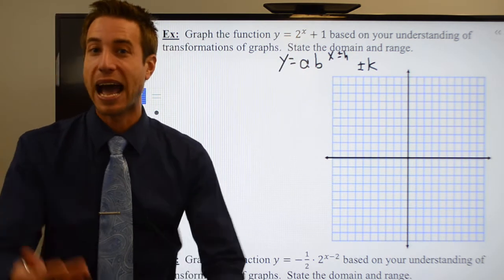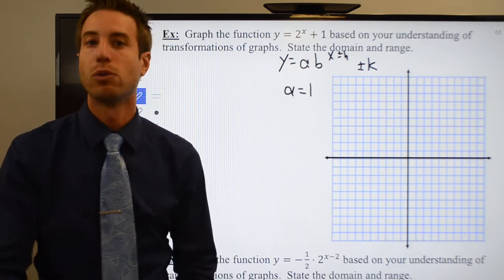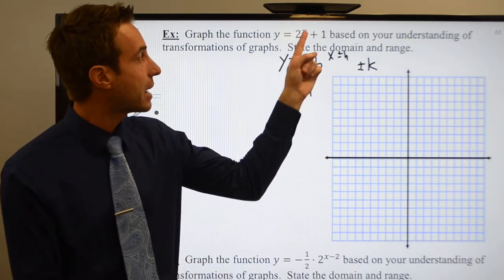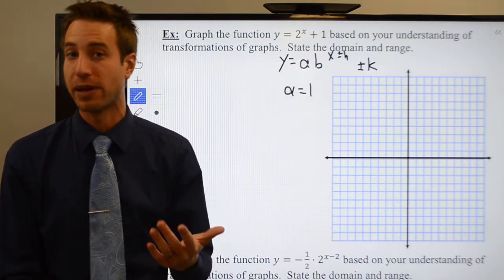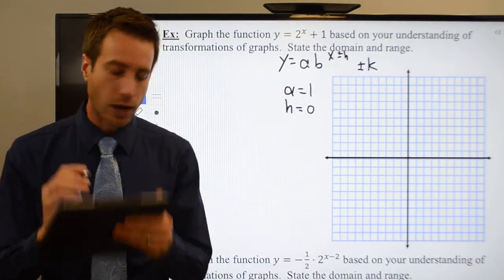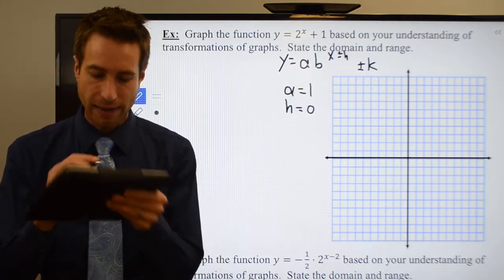Well, I have an a, but it's just a positive 1, so there's no transformation there. If I had an h, it'd be up in the exponent position with the x, but I don't, so my h is also a 0. And if I had a k, it'd be tacked on the end, and I do have a k. It's a plus 1.